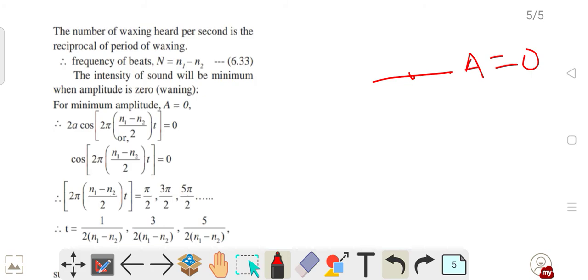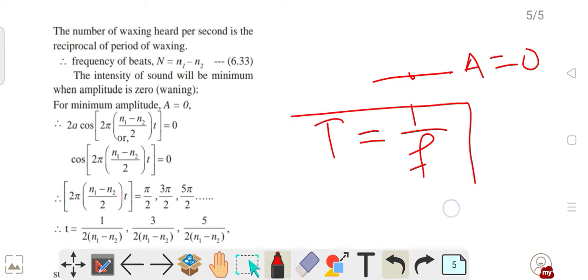Just go through that lecture. The number of waxing hertz per second is the reciprocal of the period of waxing. This means time period equals 1 upon frequency. Waxing is amplitude, so the number of maximum amplitudes is the opposite of the period of amplitude.